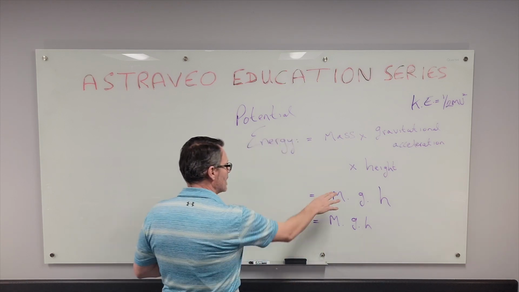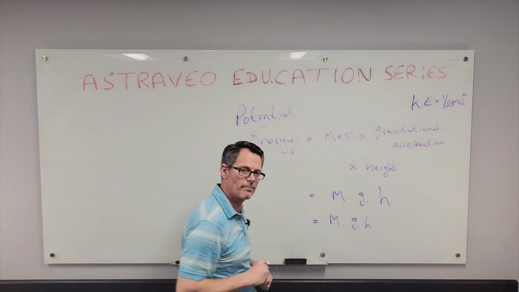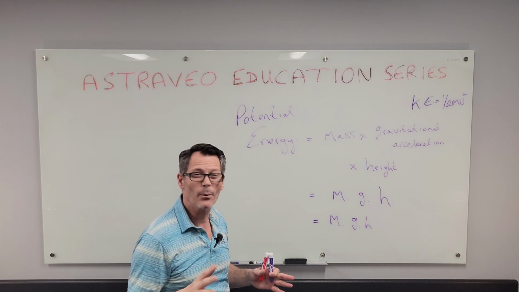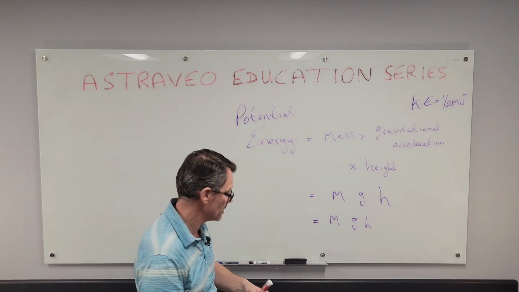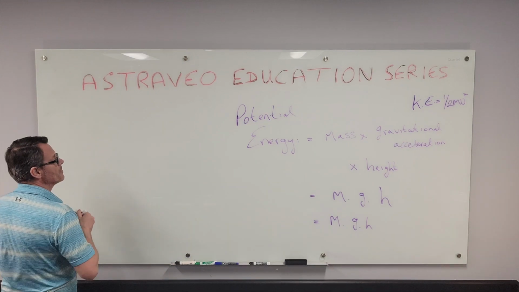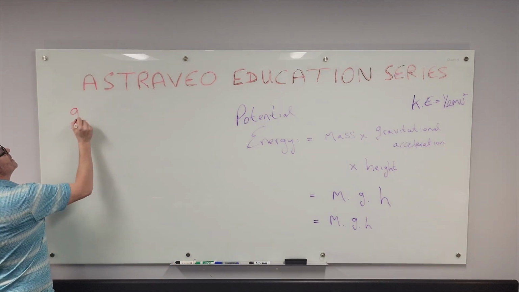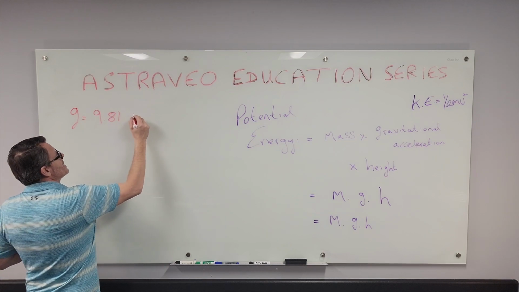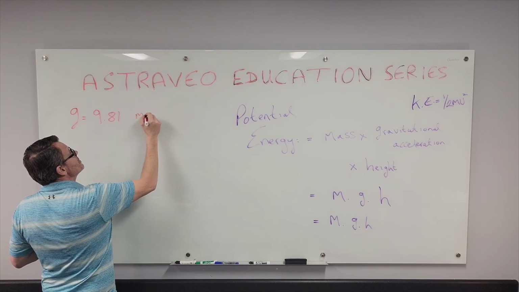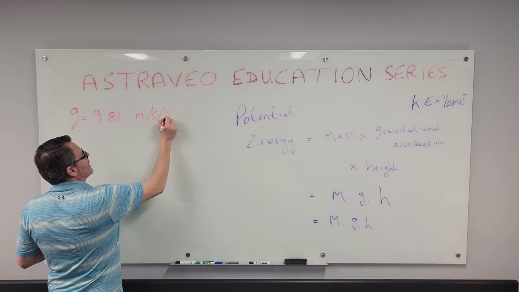Okay, now I did tell you I would tell you about the gravitational acceleration. This is a fundamental number. We can't change it. It's related to the mass of the Earth and, of course, gravity. So let's put it over here. It's a fundamental number. g equals 9.81, and it's an acceleration, so it has units of meters per second per second.